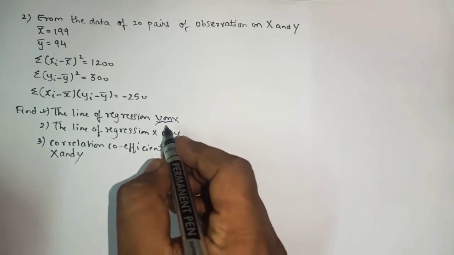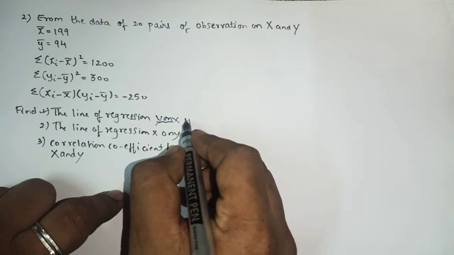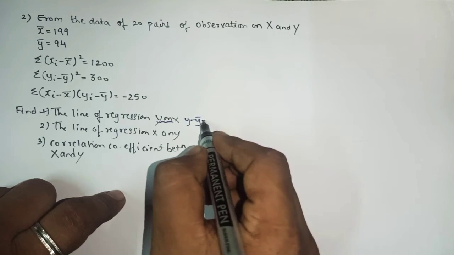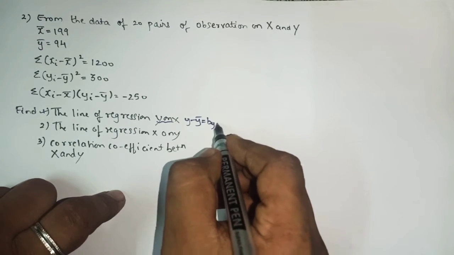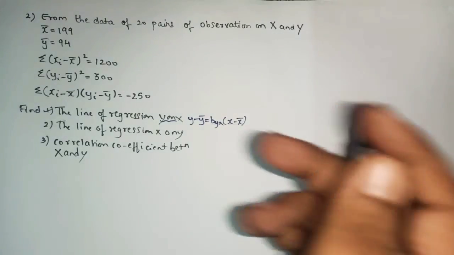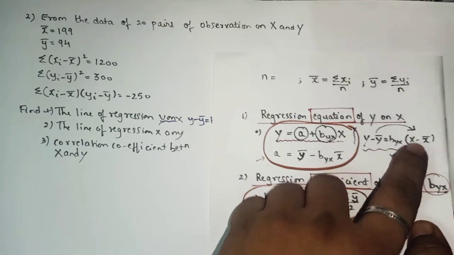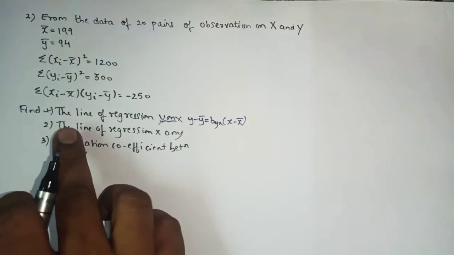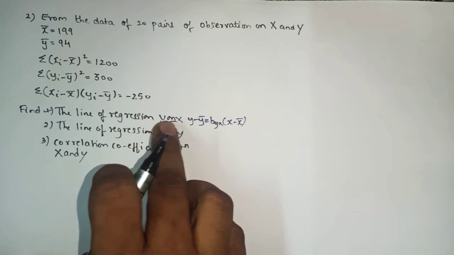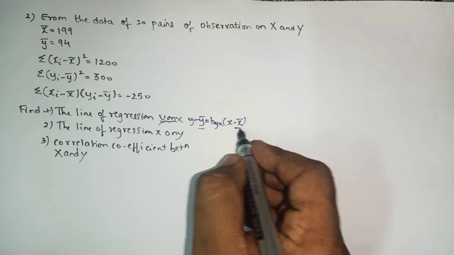So for y on x, the formula is y minus y mean equals byx times (x minus x mean). Yes or no? To find the line of regression y on x, we simply require x mean and y mean.